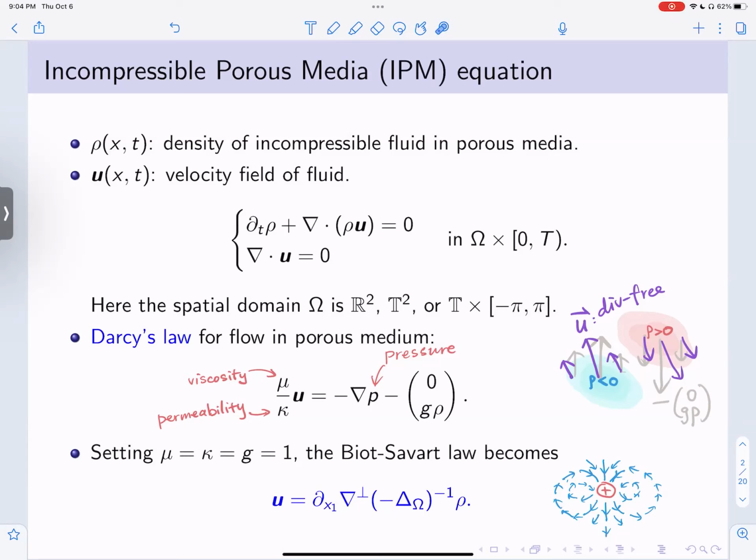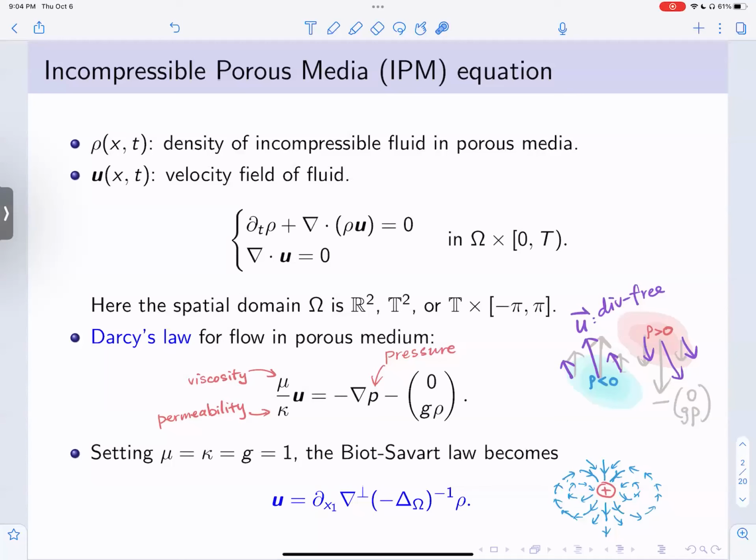That is, at each moment, the velocity of a fluid particle itself is directly proportional to the total force at that point, and here the proportionality constant is mu over kappa.